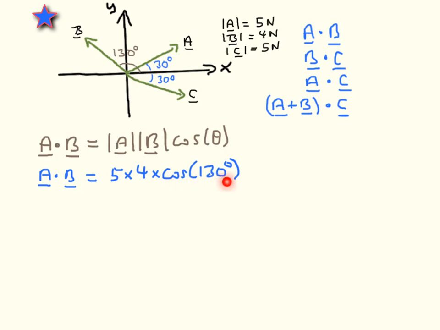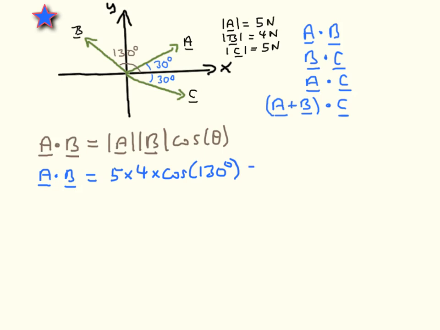Now, if we think about it, the cosine of 0 is 1, the cosine of 90 degrees is 0, and the cosine of 180 degrees is minus 1, so we're expecting this to be somewhere between 0 and minus 1. So the answer is going to be negative.